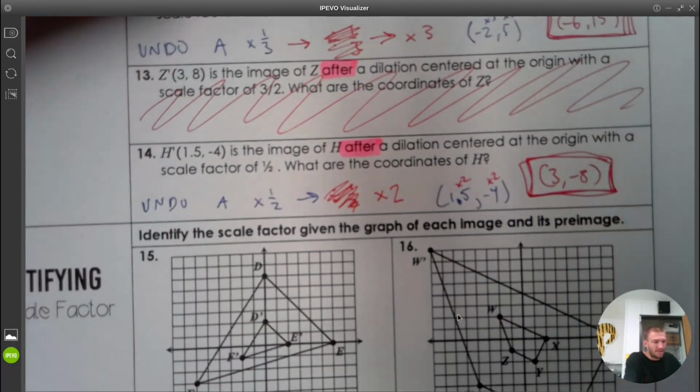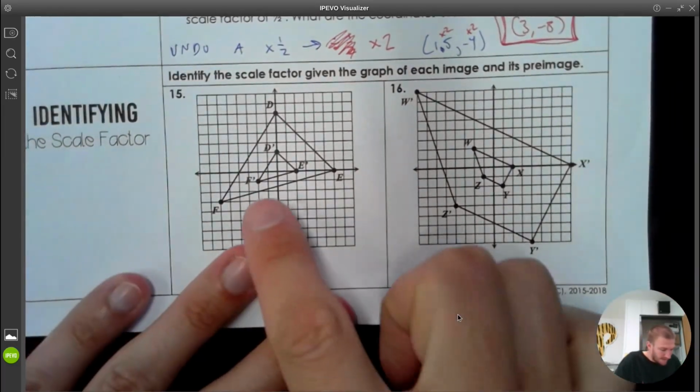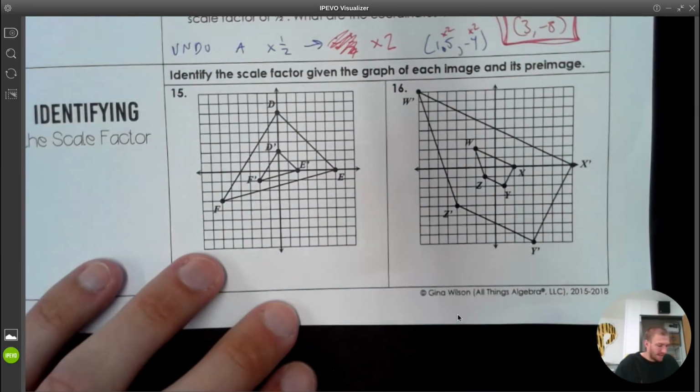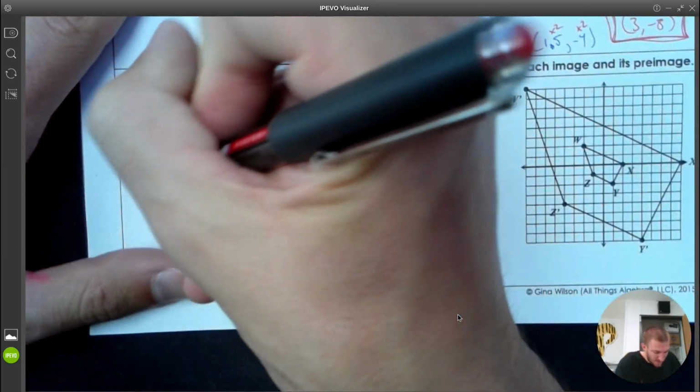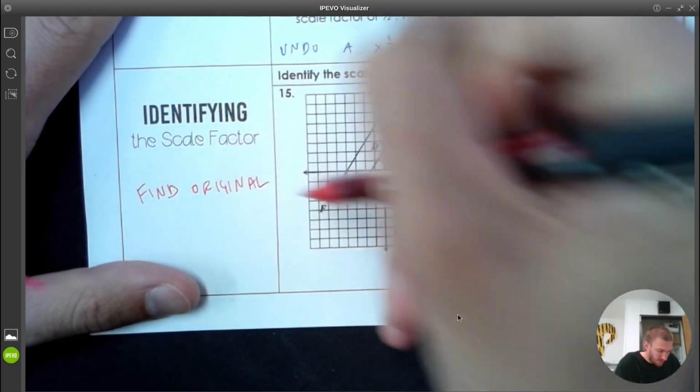The last two questions here are about identifying a scale factor. That means that we're looking at the two pictures and we need to figure out how much did it grow or how much did it shrink. Now the first thing with these questions that we need to make sure that we do is find the original. All right?